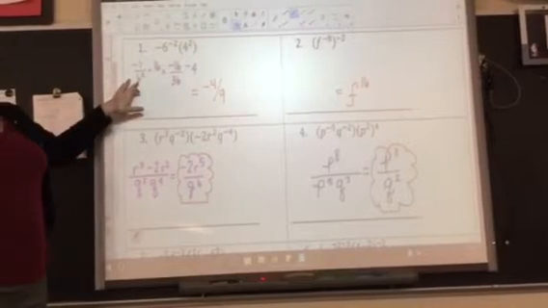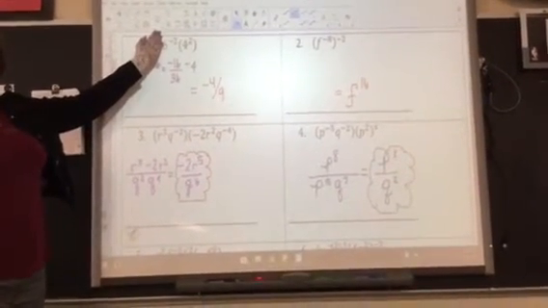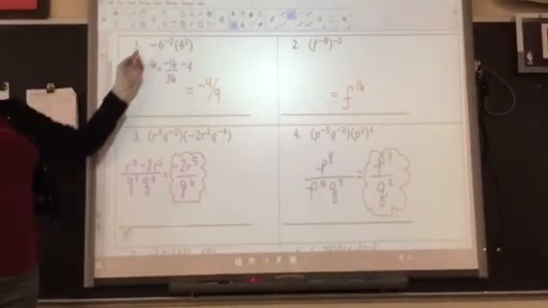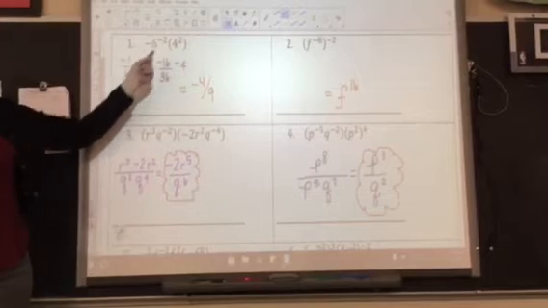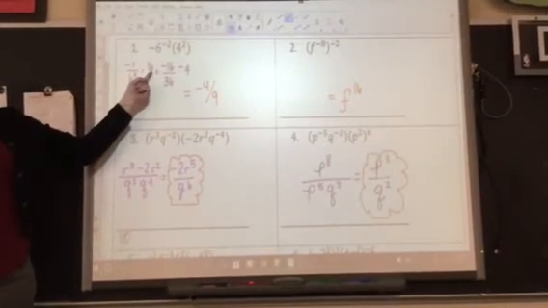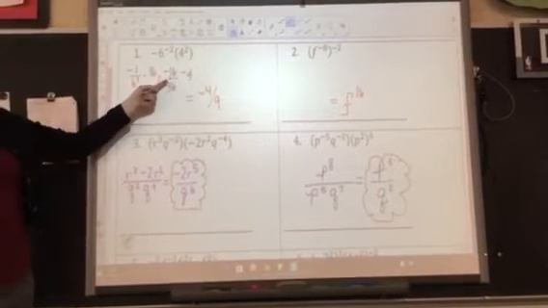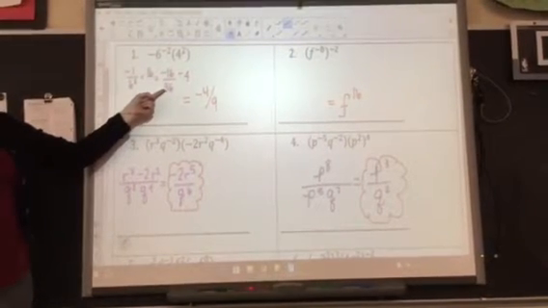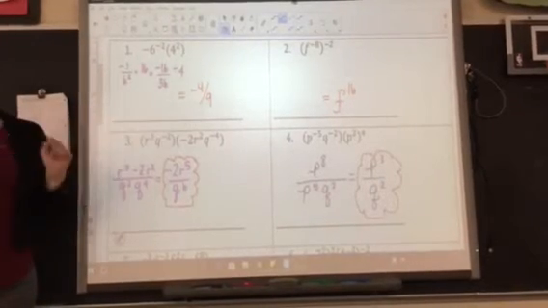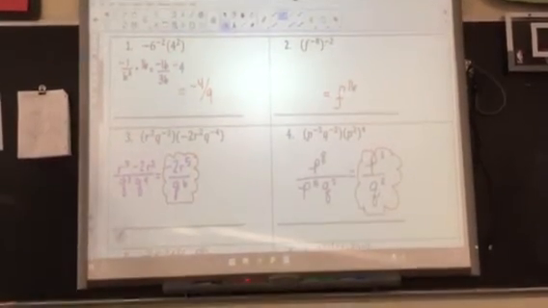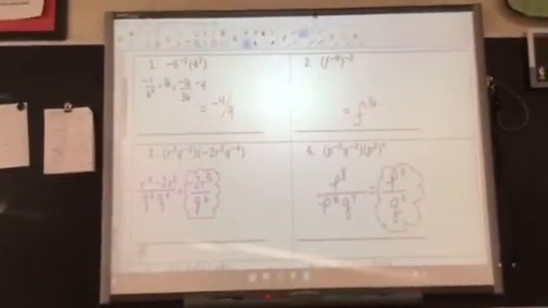I wrote it as 1 over 6, right? Because the only way to get rid of that is to reciprocate it. So this is 1 over 6 squared, but it's negative. So negative 1 over 6 squared. 4 squared is the same thing as 16. So I have negative 1 times 16, which is negative 16 over 36. I divided both top and bottom by 4, and I got negative 4/9. Thumbs up if you got that. Okay. Does it make sense if you didn't?